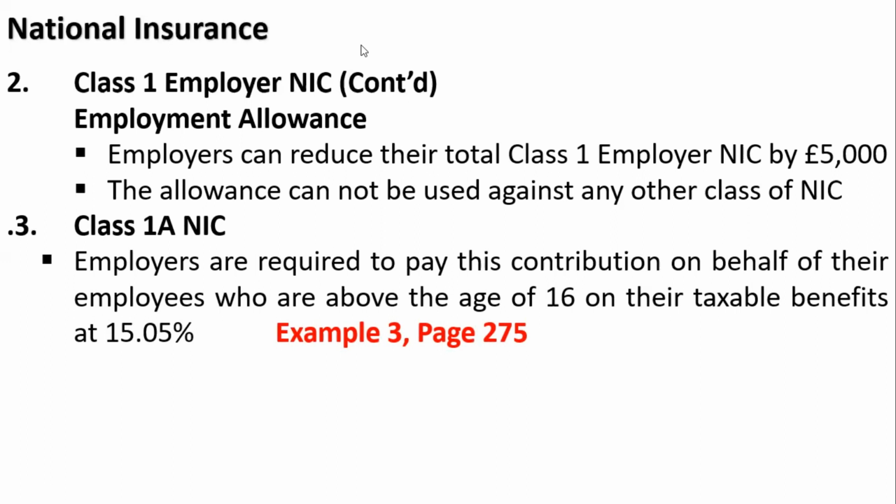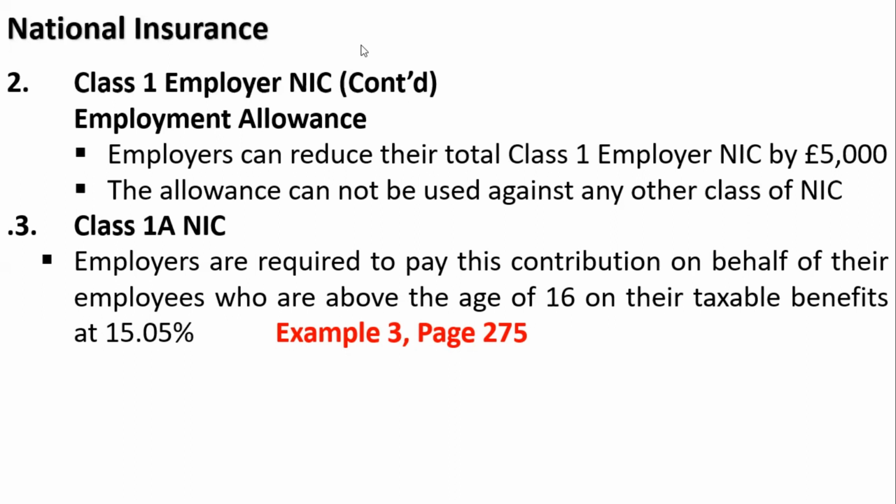It says that employers are required to pay this contribution on behalf of their employees who are above the age of 16, same as before, but the issue is on their taxable benefit. The rate is the same as it is for the class 1 employer NIC, 15.05%, but the base is different on which it is calculated.